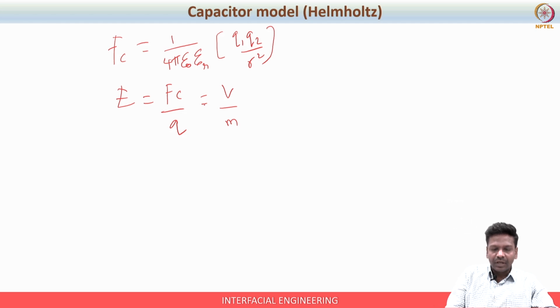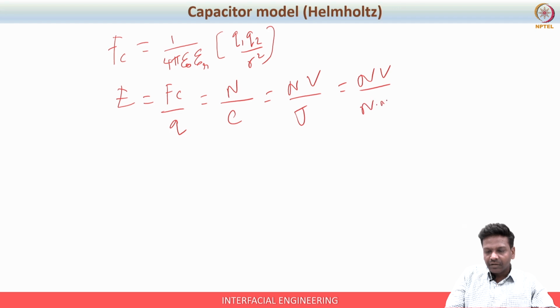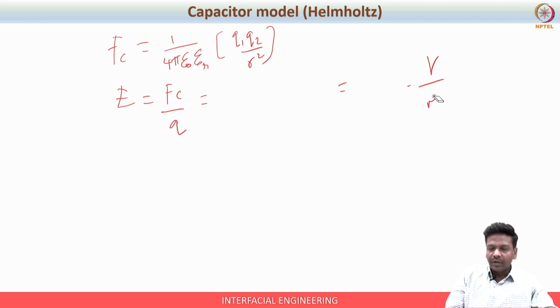Fc can be expressed in Newton, and Q, charge, is expressed in Coulomb. Coulomb is nothing but joule per volt. So you will have Newton volt by joule, which is Newton volt by Newton meter, and you simply have volt per meter, unit length, right?